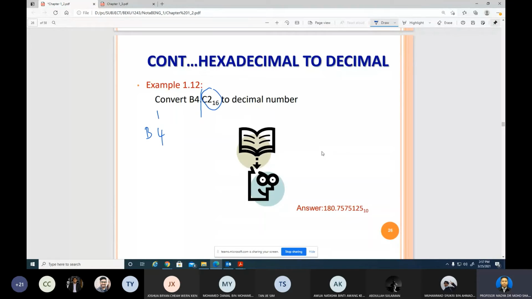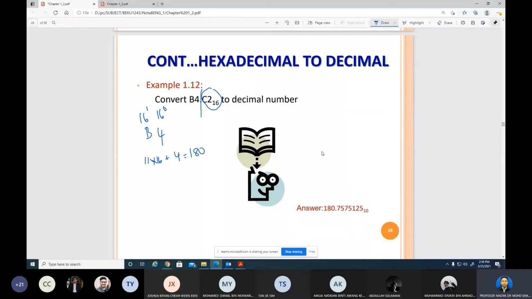This one will be 16 power of 0, this one 16 power of 1. That means B is 11 multiplied by 16, plus 4. Okay, so 11 multiplied by 16, plus 4. Total is 180.